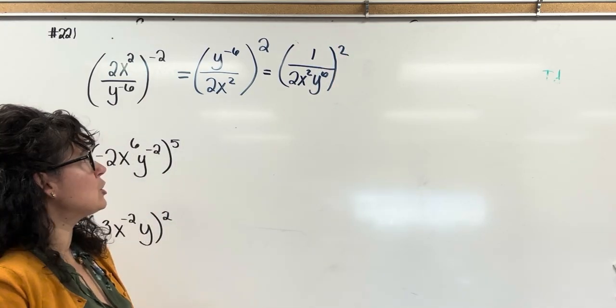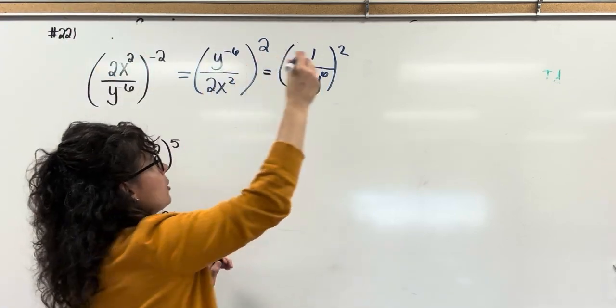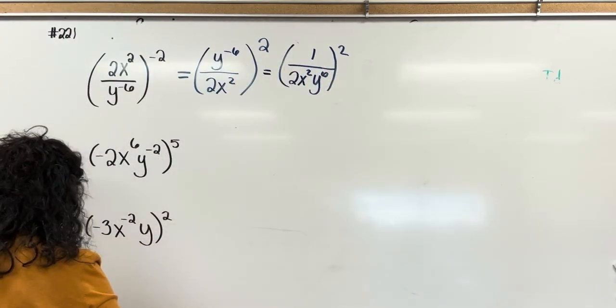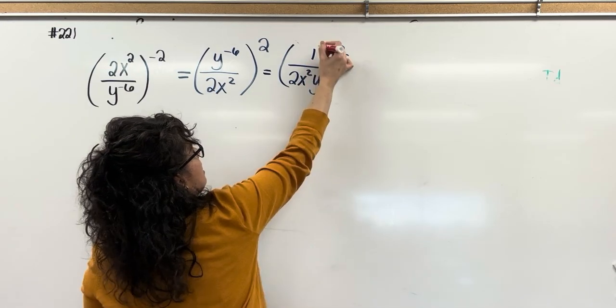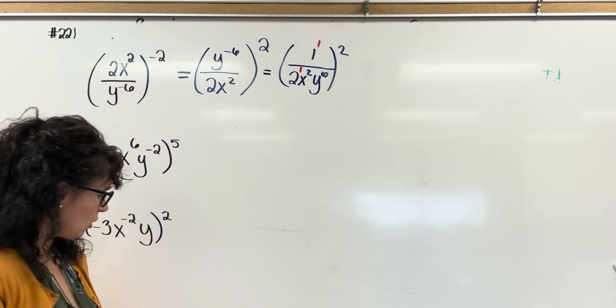Okay, the next thing I'm going to do is power to a power, multiply. Let's emphasize some of these exponents. The exponent on 1 is 1, and the exponent on 2 is also 1.